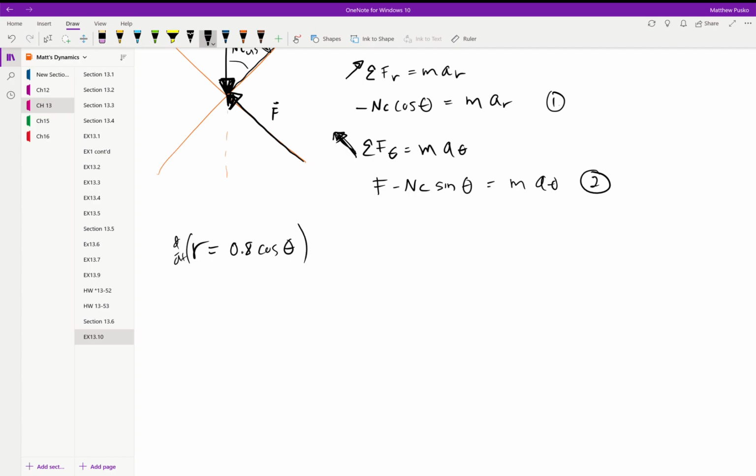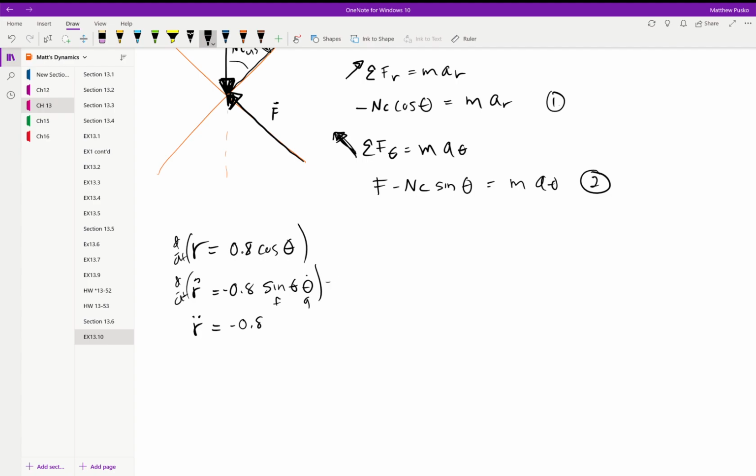The time derivative gives me r dot equals 0.8, the derivative of cosine is a negative sine of theta, and don't forget to multiply by theta dot. Taking the second time derivative will give me a negative 0.8, and then I would call this F and this G.